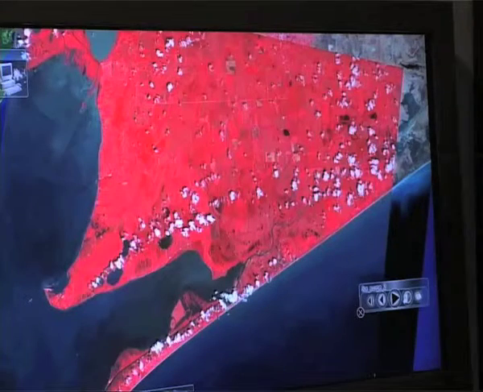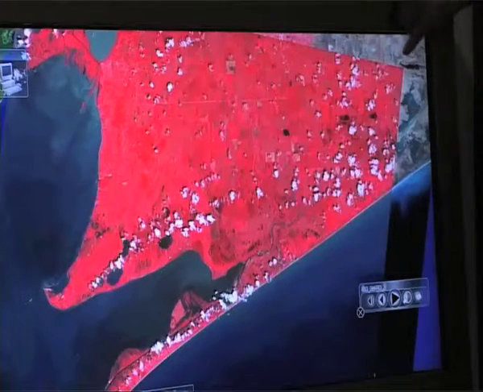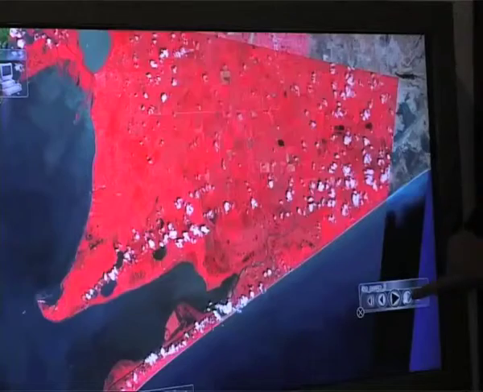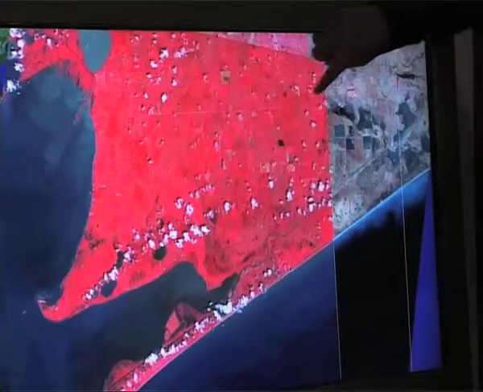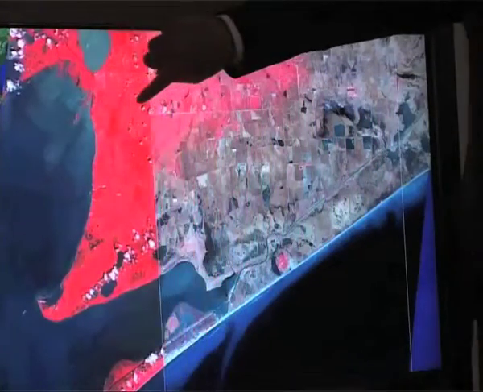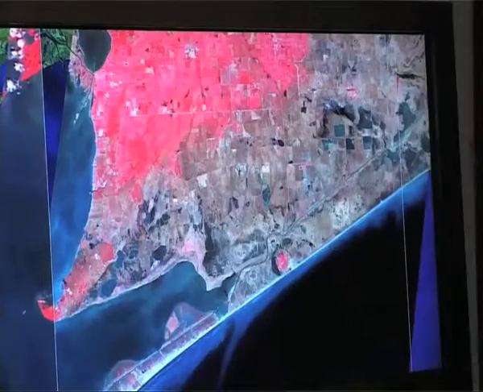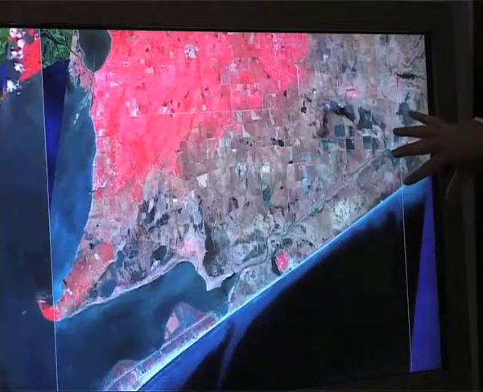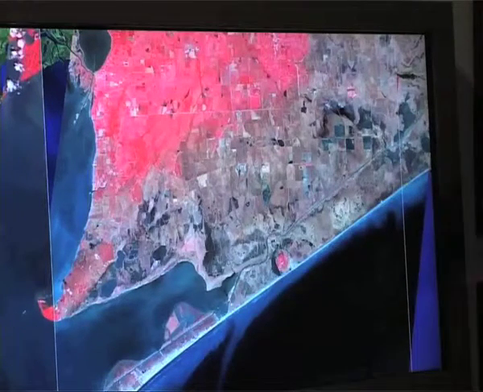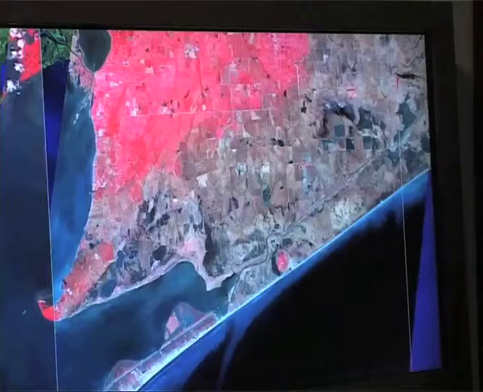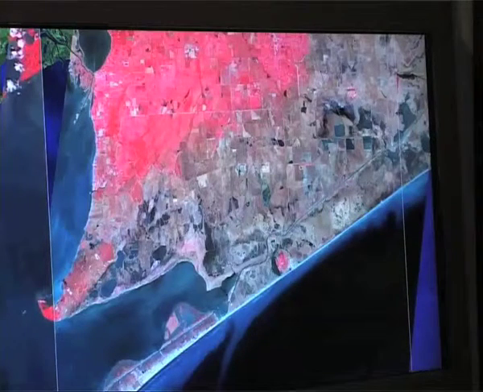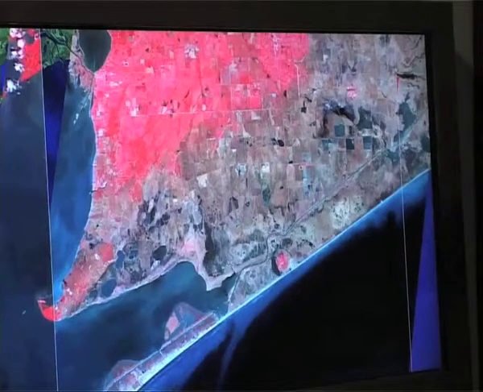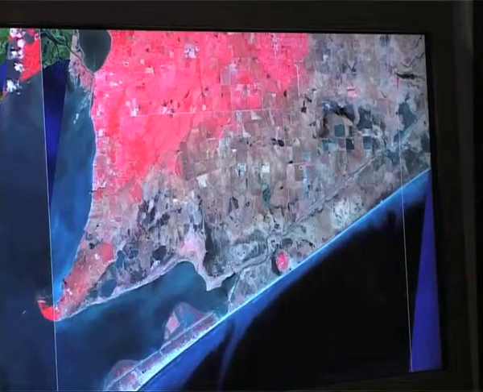But after Ike made landfall and the storm surge came in, this is what it looked like. All that vegetation was destroyed, except for one little spot right here called High Island. And it was high enough where the salt water didn't flood it and didn't kill that vegetation.